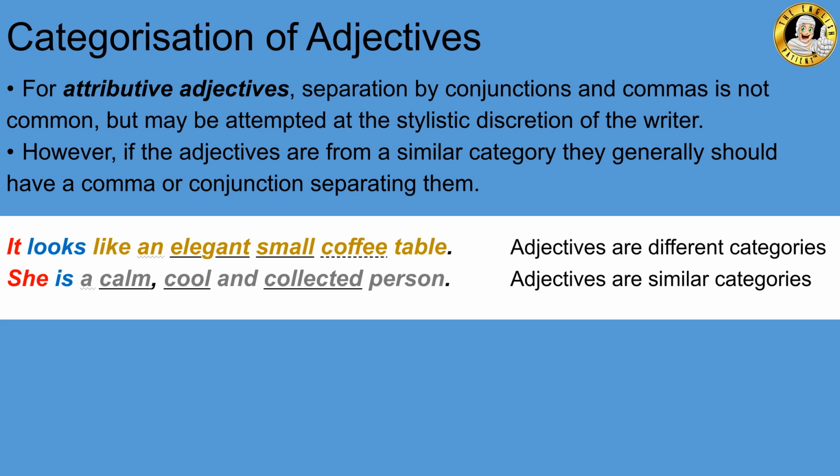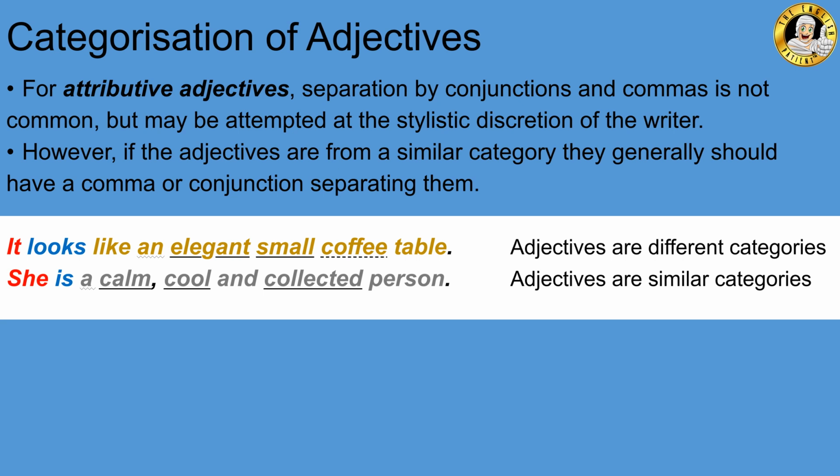"Elegant" is giving an opinion about it, whereas "small" is telling you a size. "Coffee" is actually part of the compound noun of "table," but it's telling you what the table actually functions as. So you don't really need commas between these because they're from different categories.